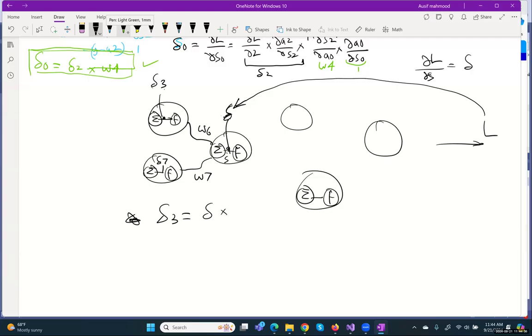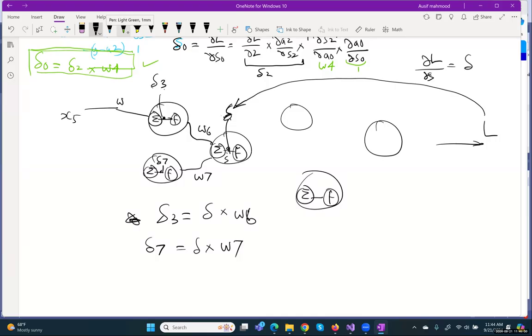It will be multiplied by W6. Similarly, delta 7, which is this over here, how will it be related to this delta? Delta times W7, right?